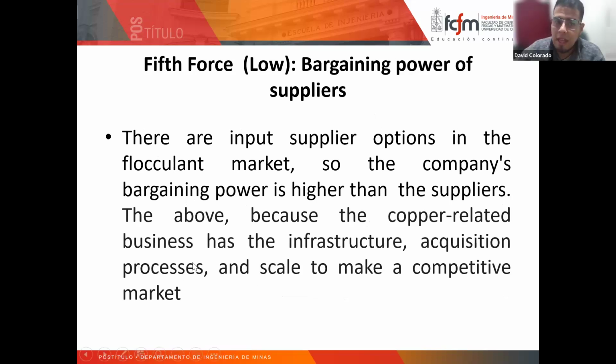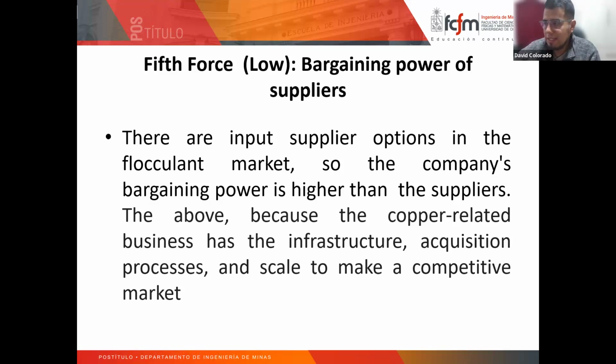Okay. Fifth force, bargaining power of suppliers. We are considering that it is low. There are input supplier options in the flocculants market, so the company's bargaining power is higher than the supplier's, because the copper-related business has the infrastructure, acquisition process, and scale to make a competitive market.